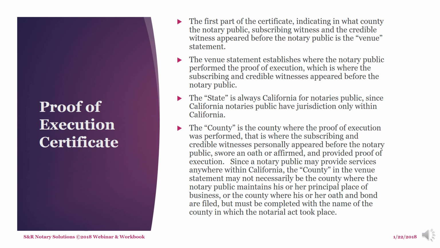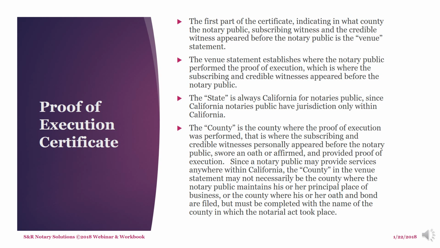only within California. The county is the county where the proof of execution was performed and is where the subscribing and credible witnesses personally appeared before the notary public, swore an oath or affirmed, and provided proof of execution.